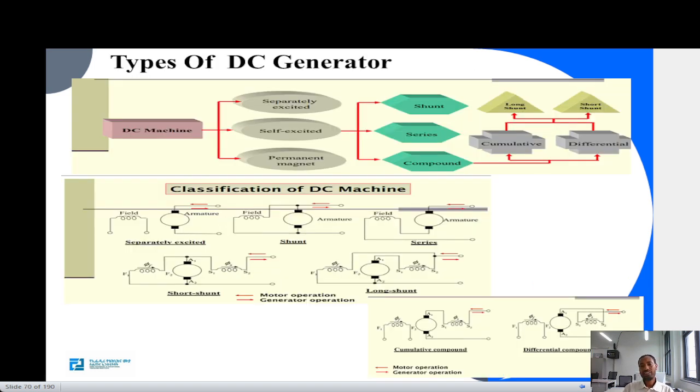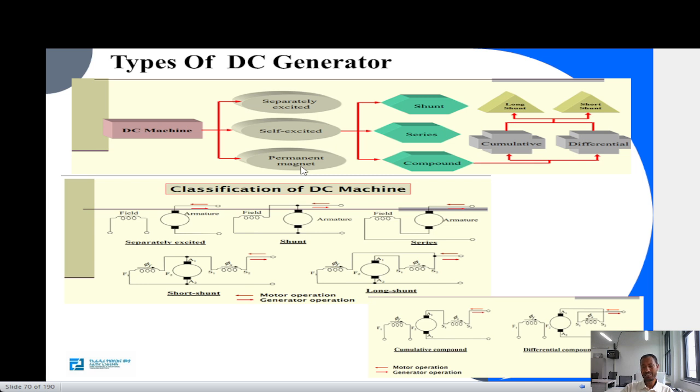And the next point is types of DC generator. Now we have seen the construction, principle of operation, and generated voltage inside the DC generator. Now let us discuss the types of DC generator. Broadly, DC machines can be classified as separately excited, self-excited, and permanent magnet generators.